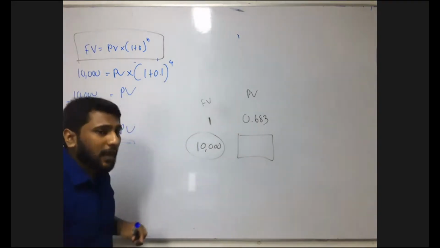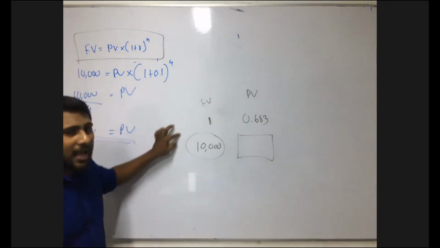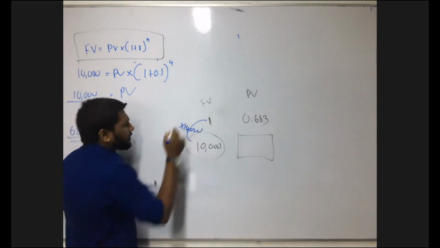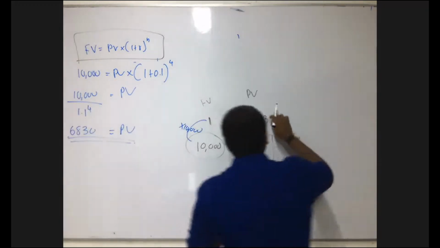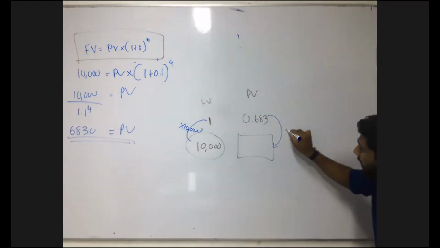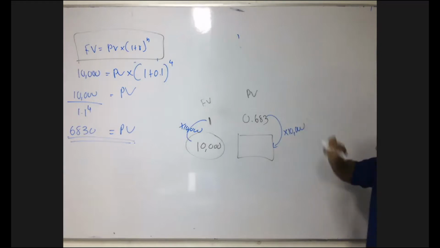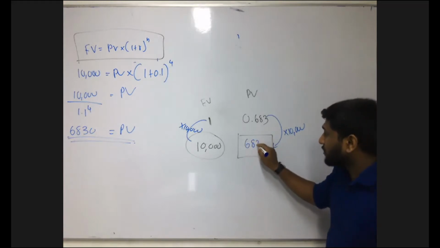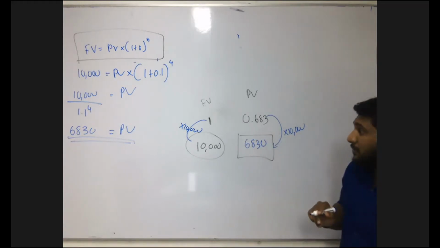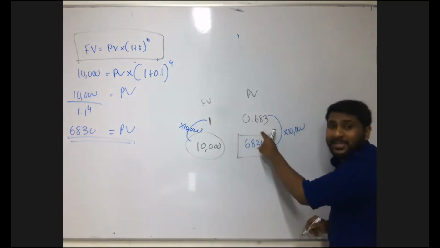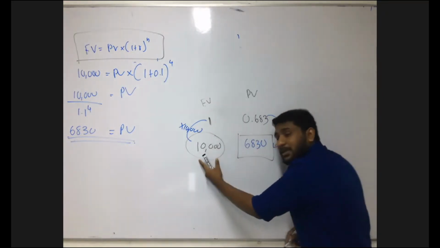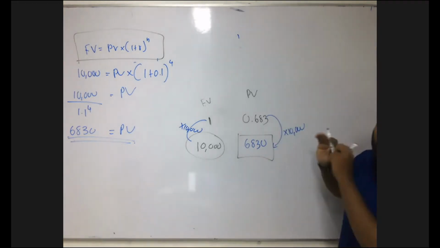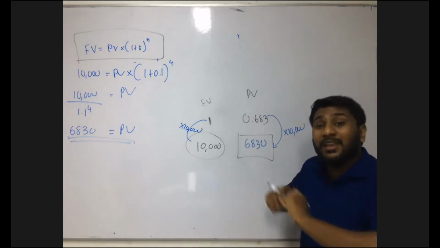You have to multiply 0.683 by 10,000. How much is that? 6,830. $1 is equal to 0.683, so $10,000 is equal to 6,830.